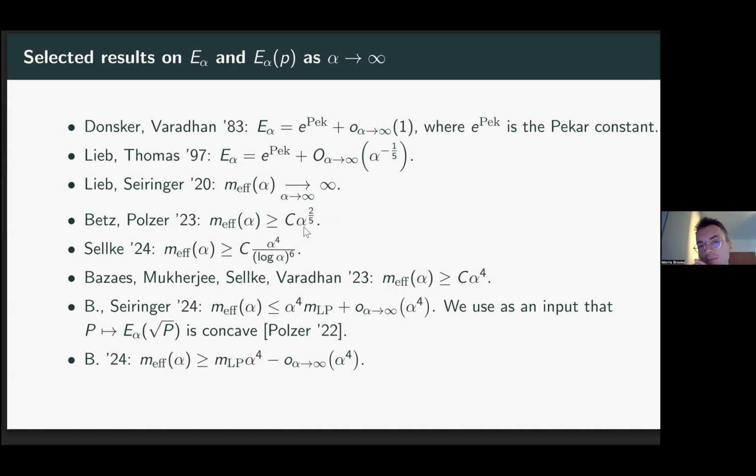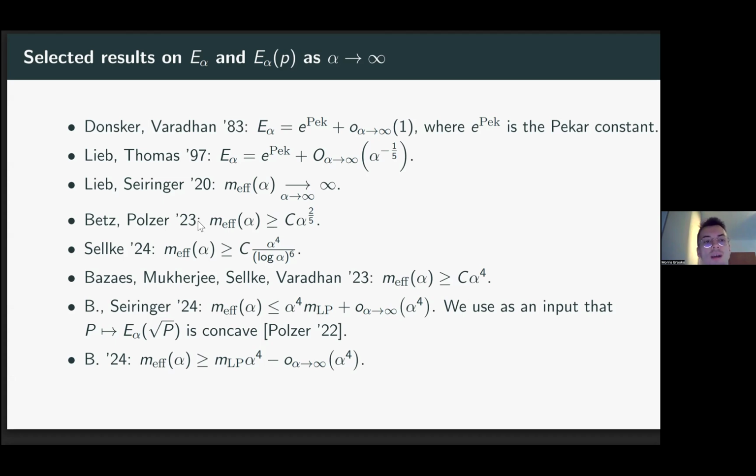I think this is just the exponent they found in their methods. And again, I don't think that having this alpha to the power 2 over 5 is the main improvement of this paper, but I think it is very nice because it opened a new approach to the effective mass, or it follows a new approach using Feynman-Kac formulas and functional integration.